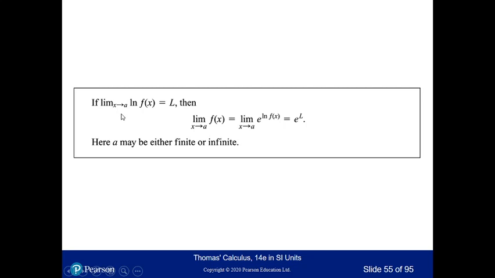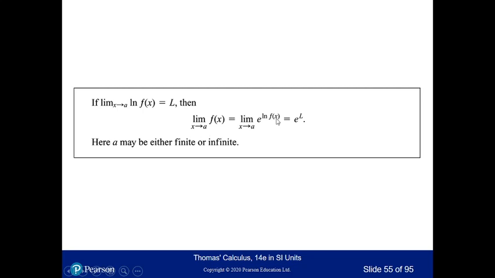Let's say the limit as x approaches a of natural log of f of x is equal to L. Let's assume that. Then what's the limit of the inside function f of x? For the limit of the inside function, we use the exponential rules. We can write f of x as e to the ln f of x.